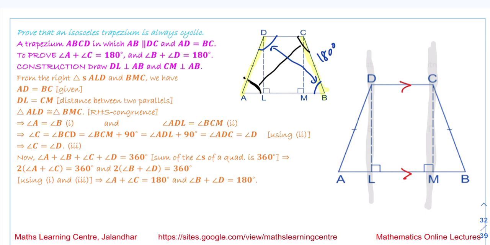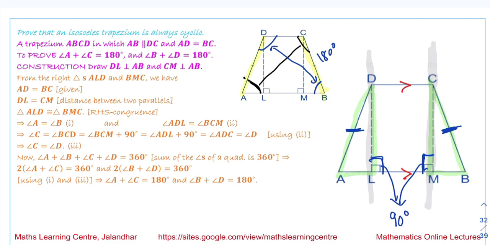So in the right angle triangles, we are talking about DAL and CMB. These two triangles we are talking about. This AD side and this BC side are equal to each other. These angles over here are of 90 degrees.